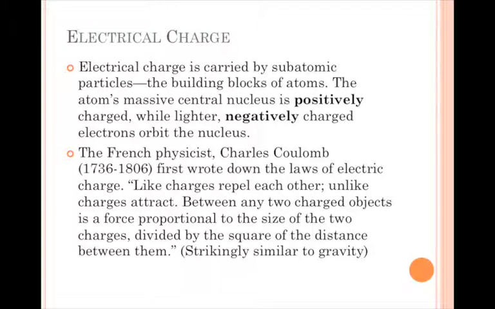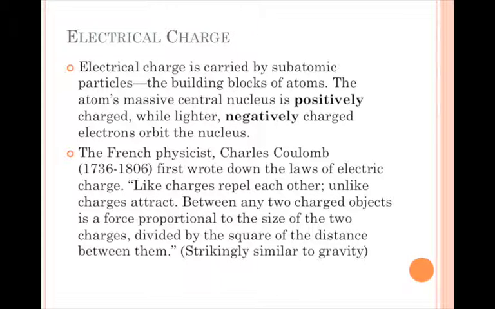So we'll look at the structure of an atom, but just know that this is where you've got the magnetism and electrical charge that work together in keeping the atom together. So we've got this positively charged nucleus that attracts the negatively charged electrons that orbit the nucleus.